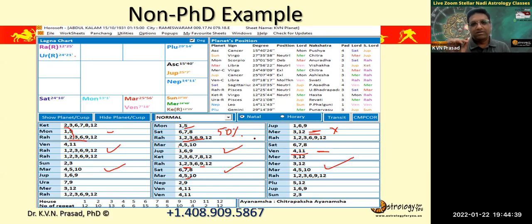When we are analyzing a horoscope, you have to analyze objectively. You should not have a preoccupation, oh, this person's horoscope must be good or must be bad. So please build that habit.